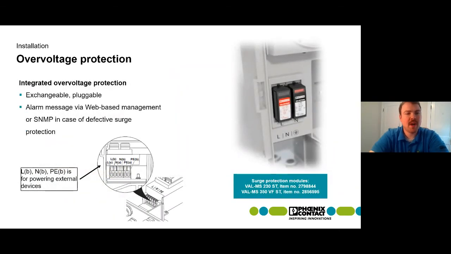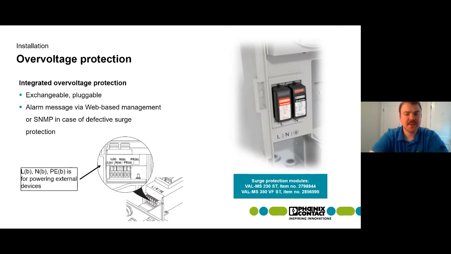For over voltage protection, the box comes already with our ValveTrap pluggable surge protection. Since this is included and power is being supplied to the device, we actually have a limited lifetime warranty on this, which is a nice added value to the product.